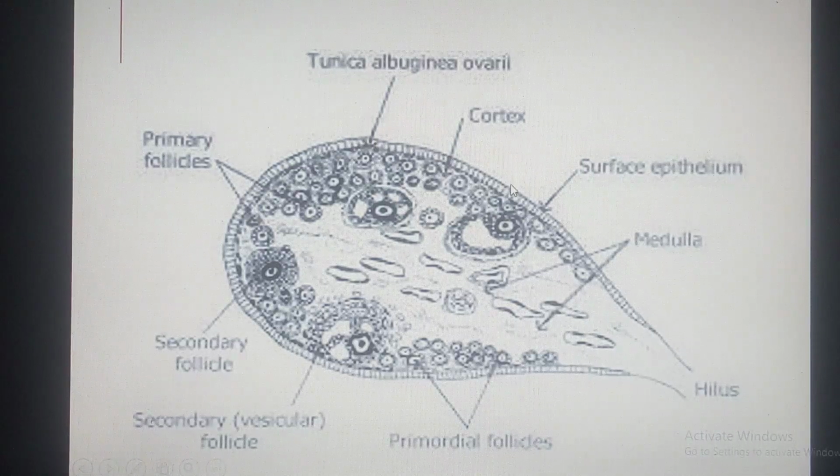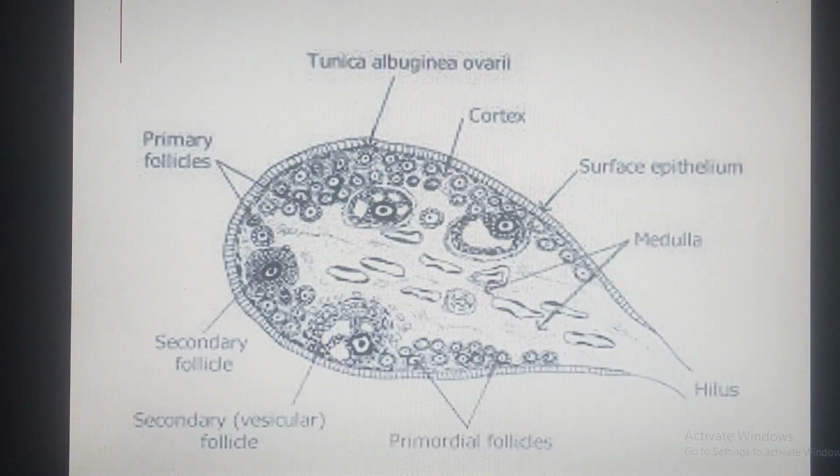Therefore calling the surface epithelium, the mesothelium of the ovary, germinal epithelium is a misnomer, because at the end of the day it's not going to give rise to the functional gametes of the ovary.